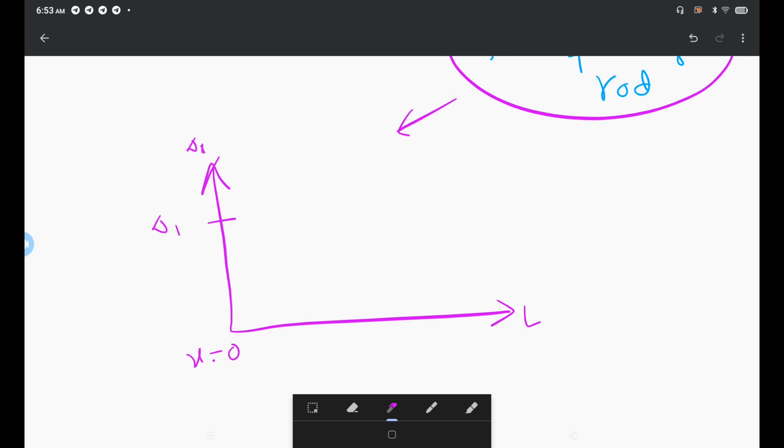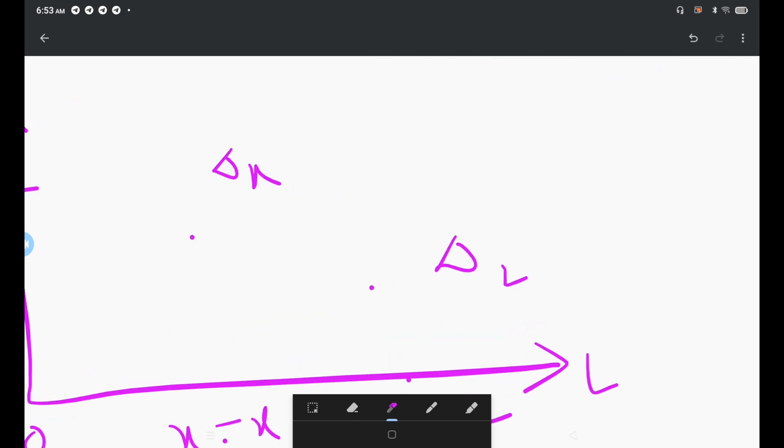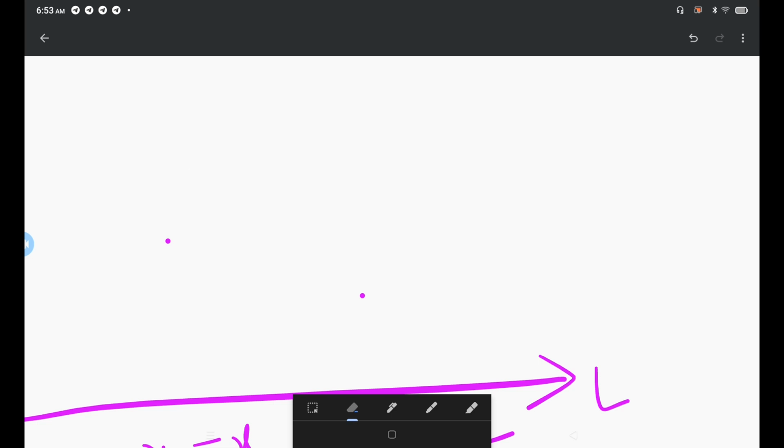At x equals x, our diameter is dx. At x equals L, the diameter is d2.